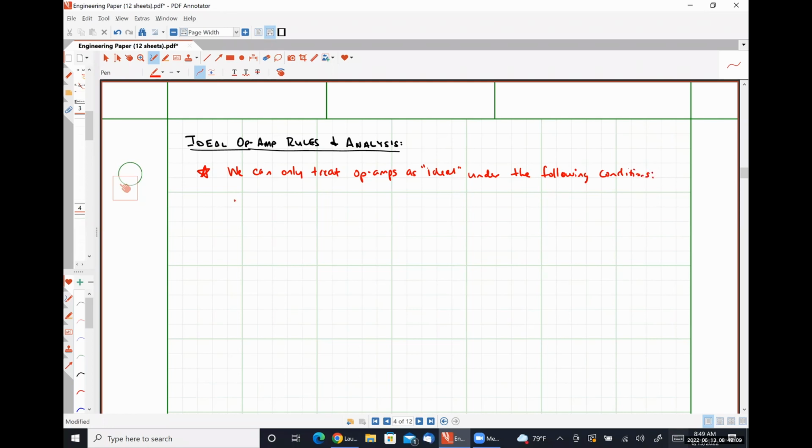Number one, and this is the most important, we have a negative feedback circuit. We cannot treat our op-amp as ideal for positive feedback circuits or open loop circuits. Only when we have negative feedback do the ideal op-amp rules have a potential to apply.